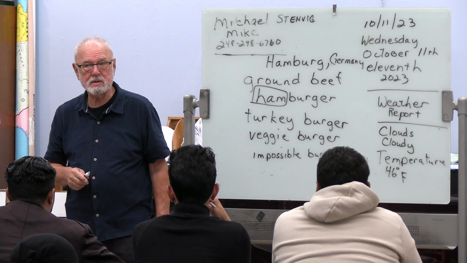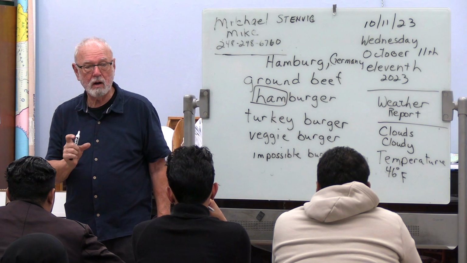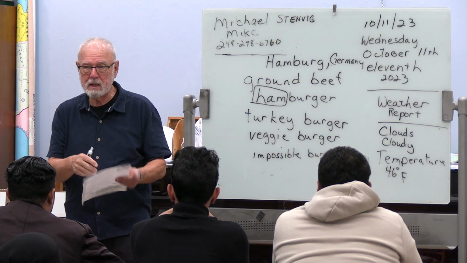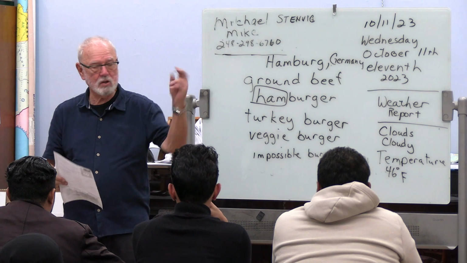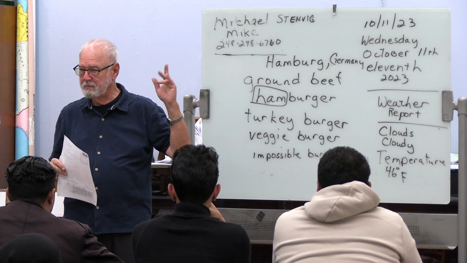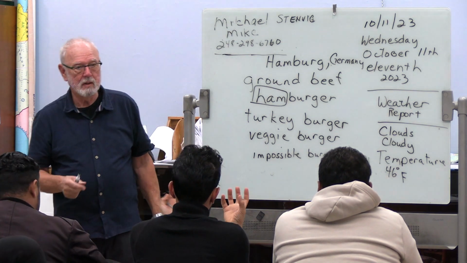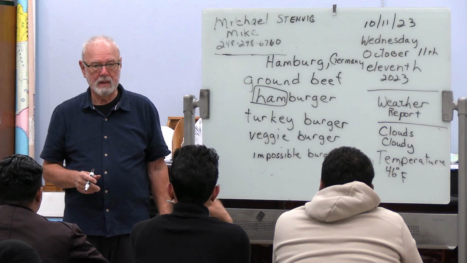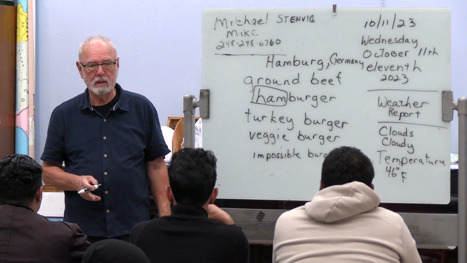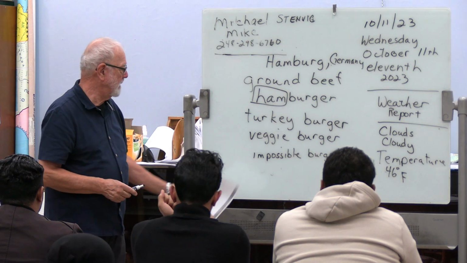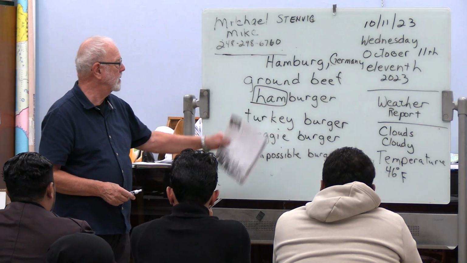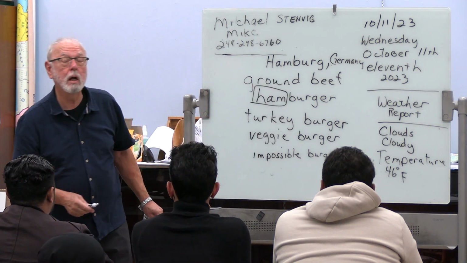Do you know beets? What color are beets? Red. And you cut beets, and you get it on your hands all red. It's like the onion, but it's red and grows underground. So we have Impossible Burger, Veggie Burger, Turkey Burger, Hamburger, and Hamburg.